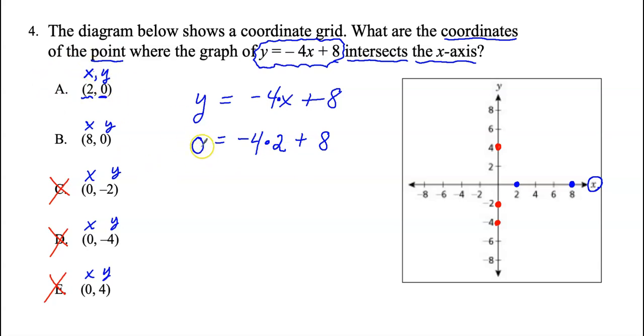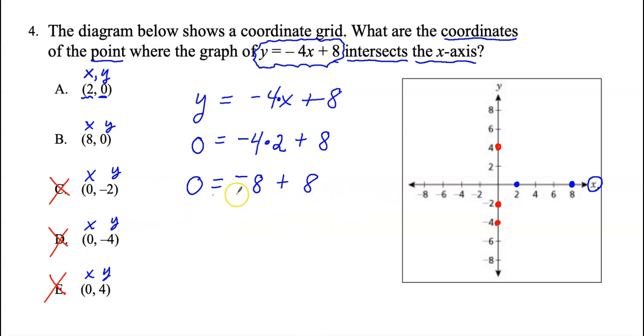So let's continue. Bring down your 0. And remember the order of operations. It tells us to do multiplication before addition. So we'll do this multiplication piece first. What's 4 times 2? That's 8. Bring down your negative sign, bring down your plus sign, bring down your 8, and let's finish simplifying this.